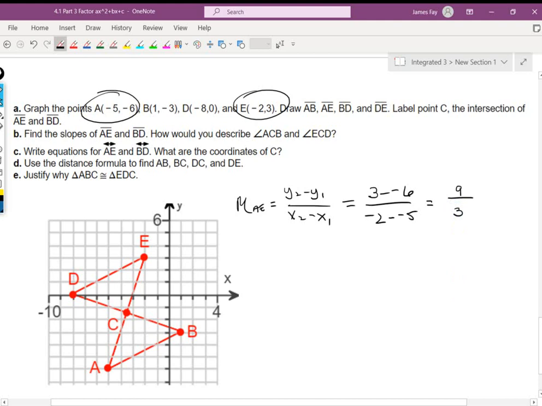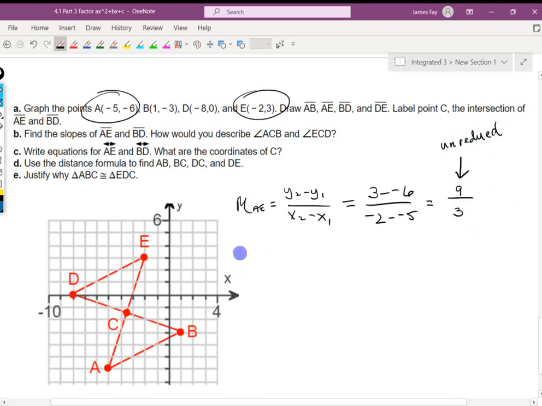Now, the only thing that I would be cautious of is that this is going to give me a slope of 3 if I reduce that, right? So everybody okay with that? But I want to leave that, and when I type it in, I type it in as a slope of 3. But I'm going to use the unreduced version to find my distance.